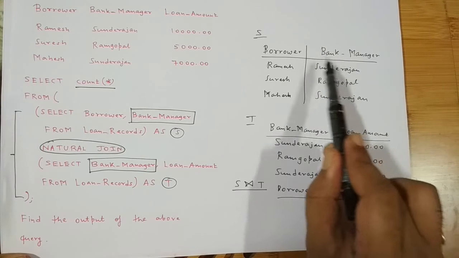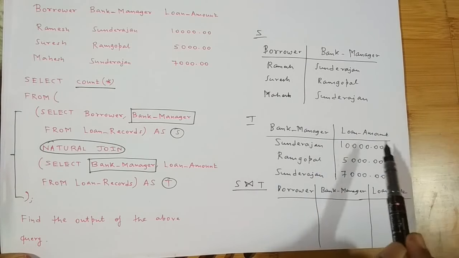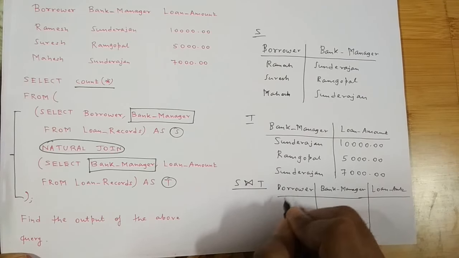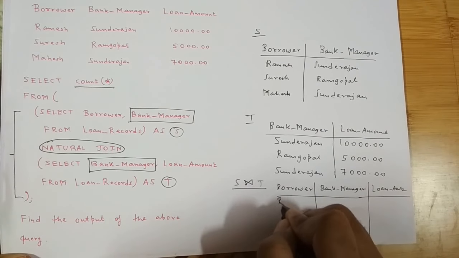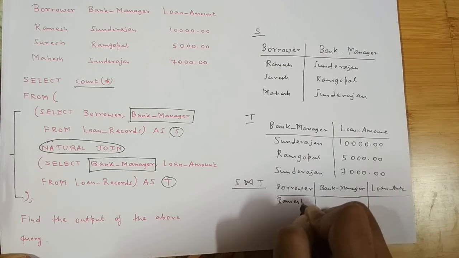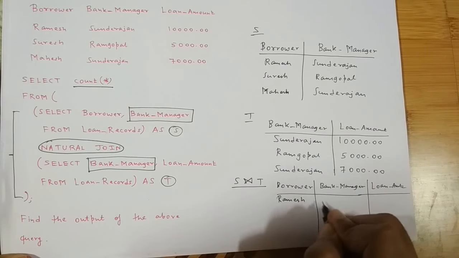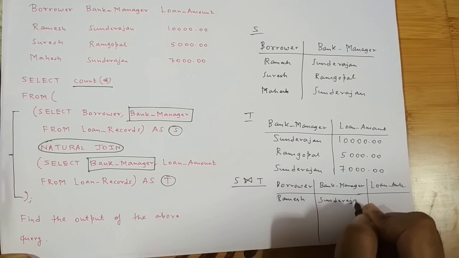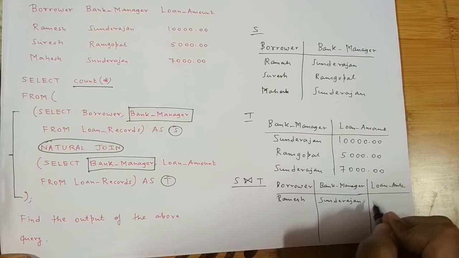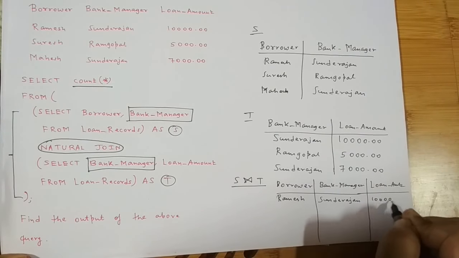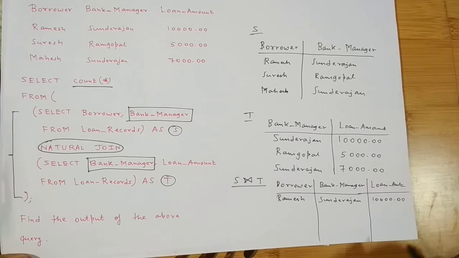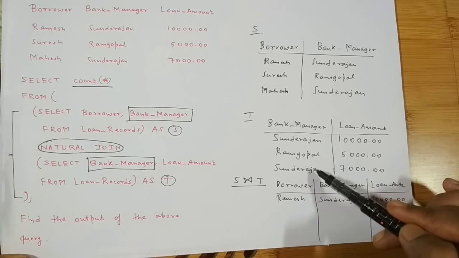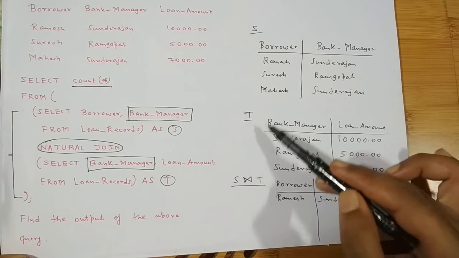So we'll fetch the first row from S as well as the first row from T and build one row in S join T. So we have borrower as Ramesh, the bank manager is Sundarajan, and the loan amount happens to be 10,000.00, right?